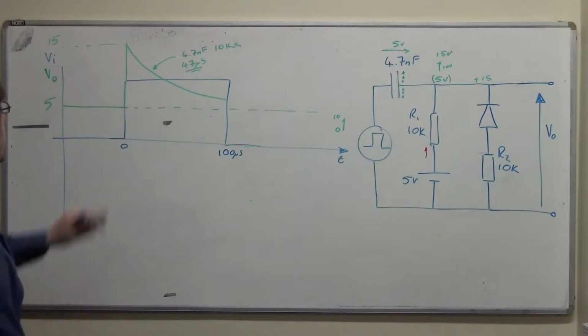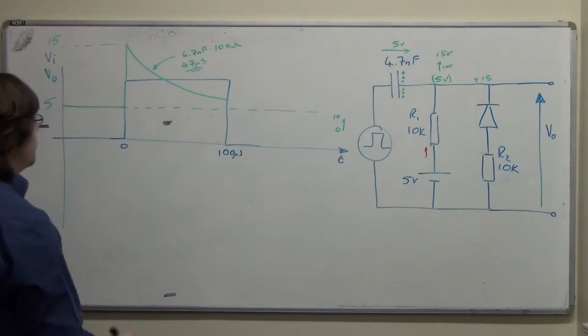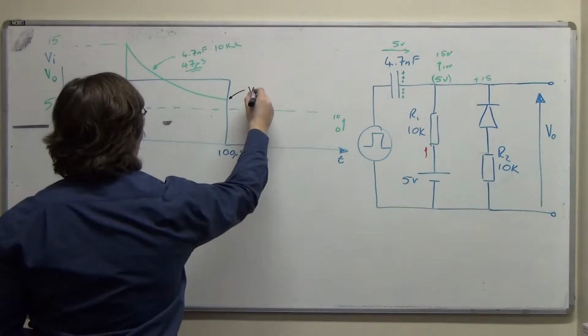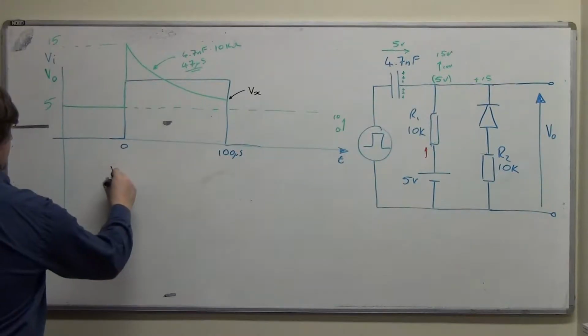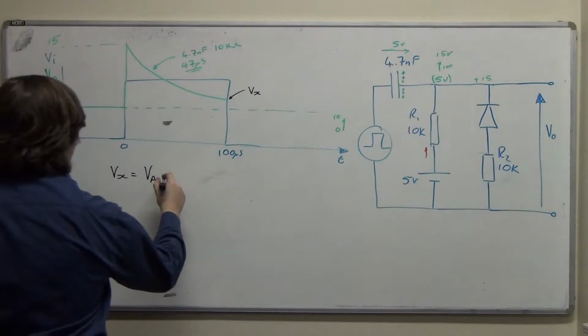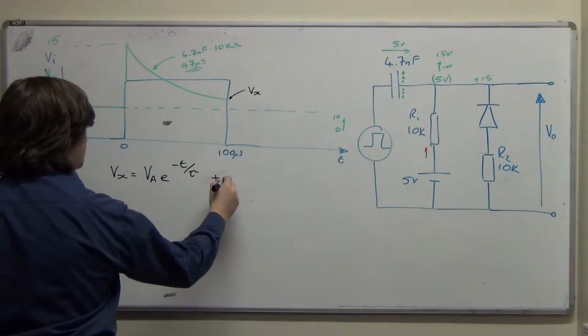Or to get us back to our starting voltage, if you like, or to reach the aiming voltage. So we need to know what this point is, and we'll call it Vx. Vx is equal to Va e to the minus t upon tau plus 5.